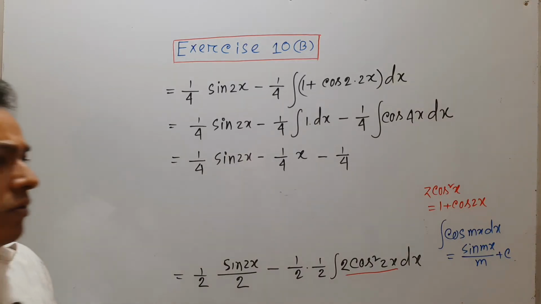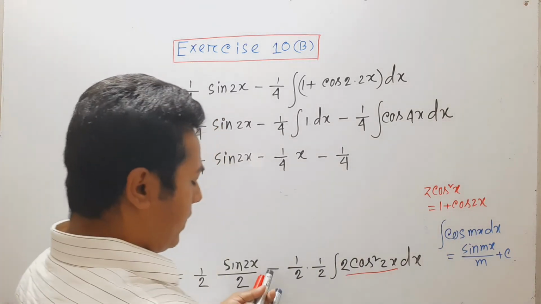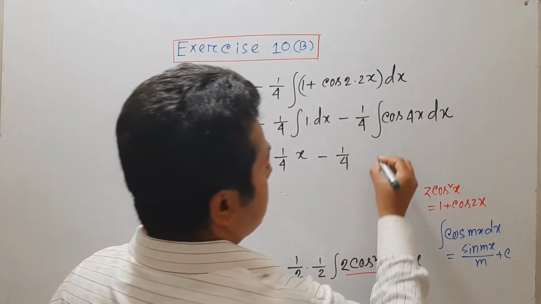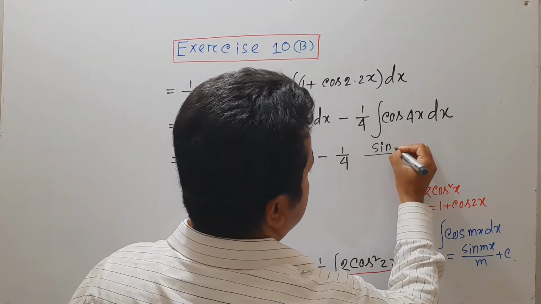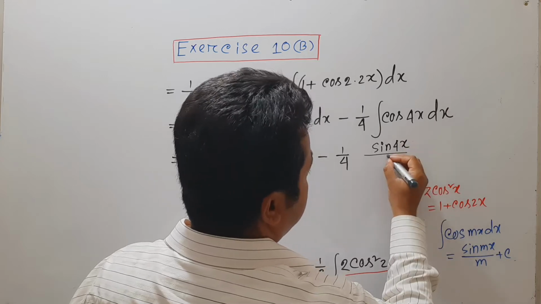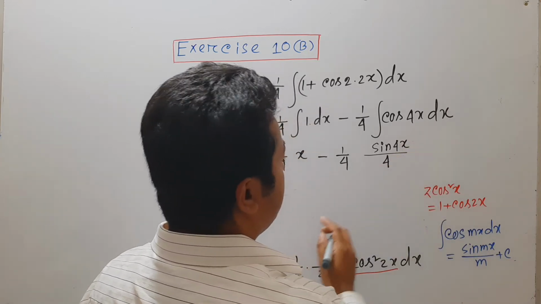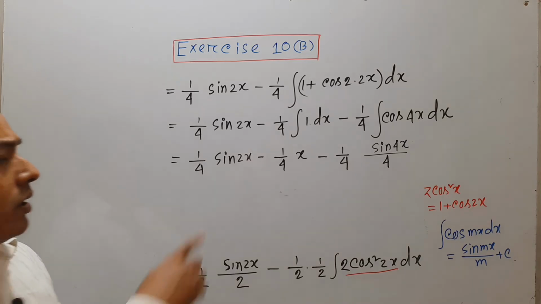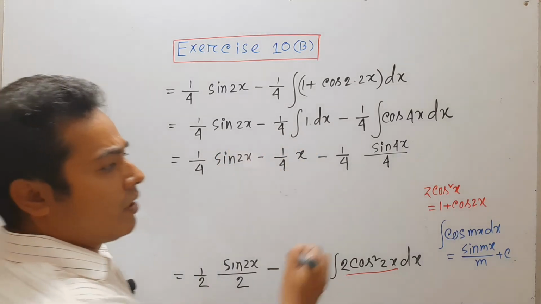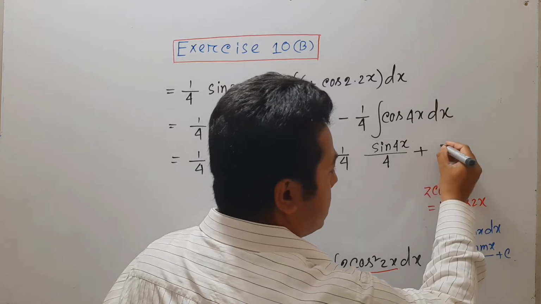According to this formula we can write sine 4x divided by 4. So we have already completed all the integral terms. Now we can use the integral constant, which is c.